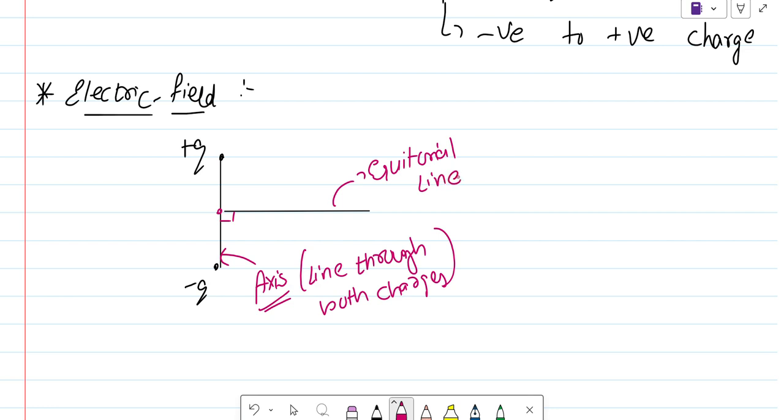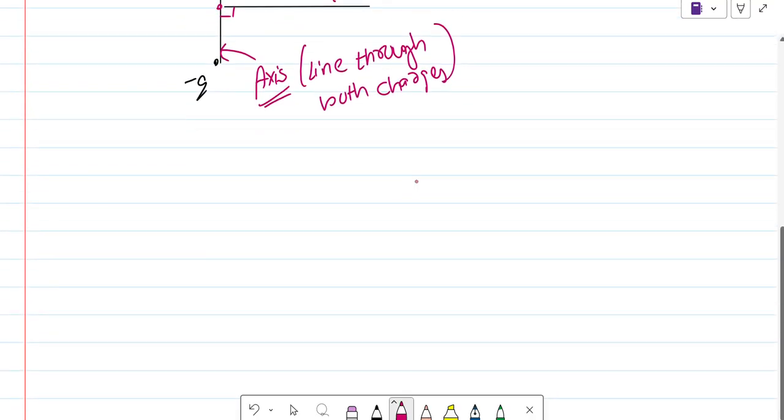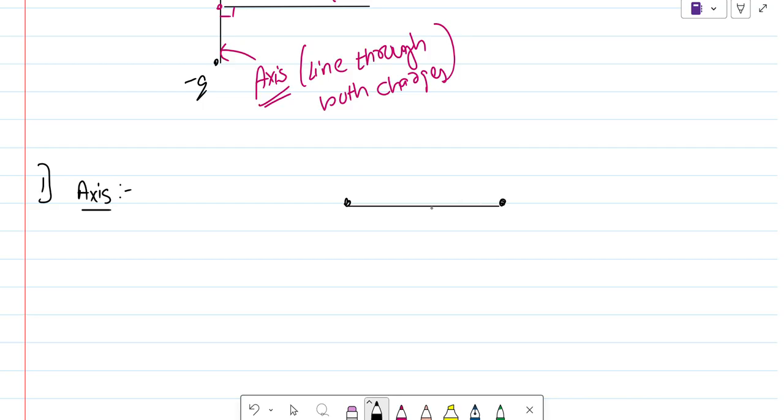So we'll first calculate the electric field on the axis and the equatorial line. So first, axis of the dipole, center of the dipole, this is your plus q charge, minus q charge.